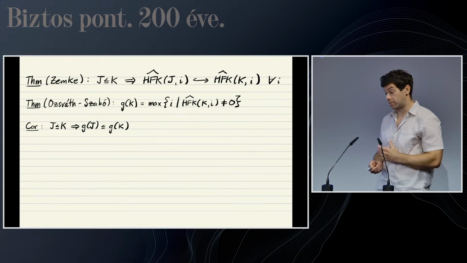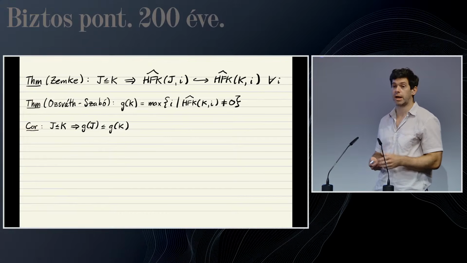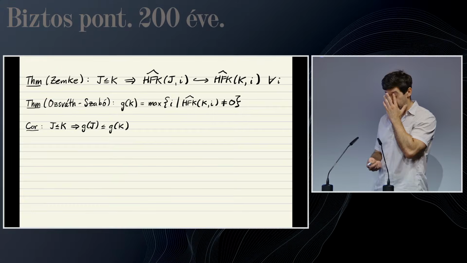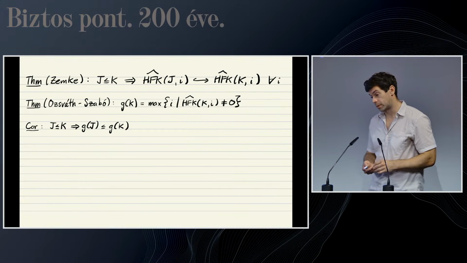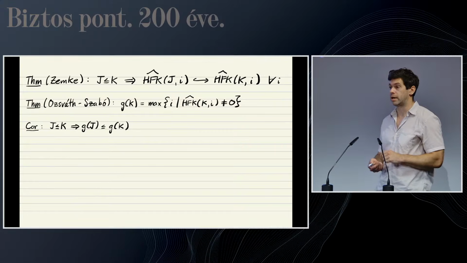So what they imply, an immediate corollary, is that if J is ribbon concordant to K, then the genus of J is less than or equal to the genus of K. So genus is monotonic under ribbon concordance. And Zemke used this to prove, in particular, that genus is superadditive under band sum of knots.